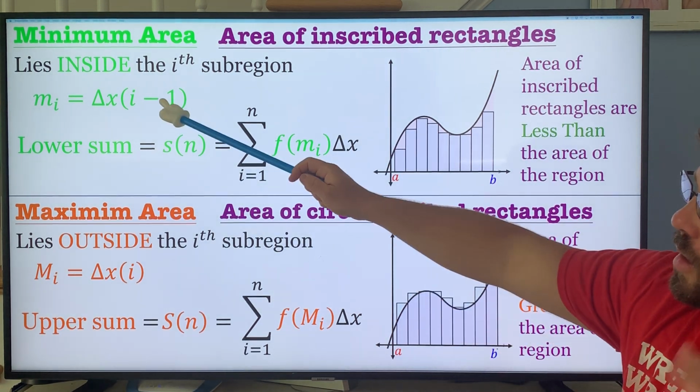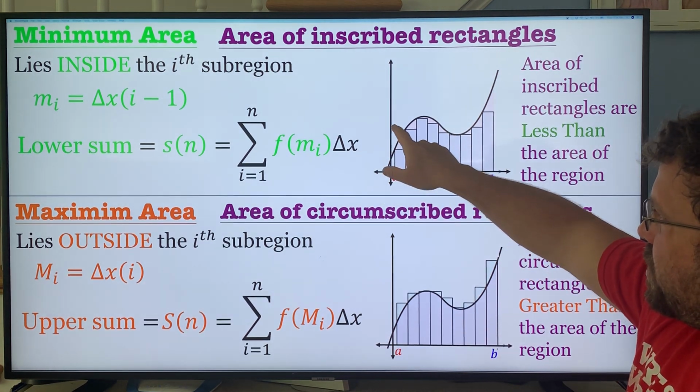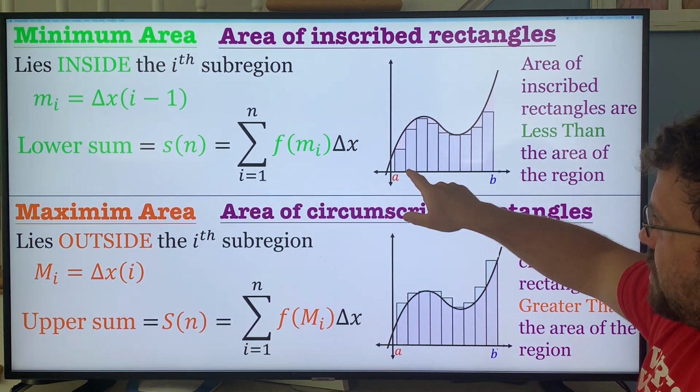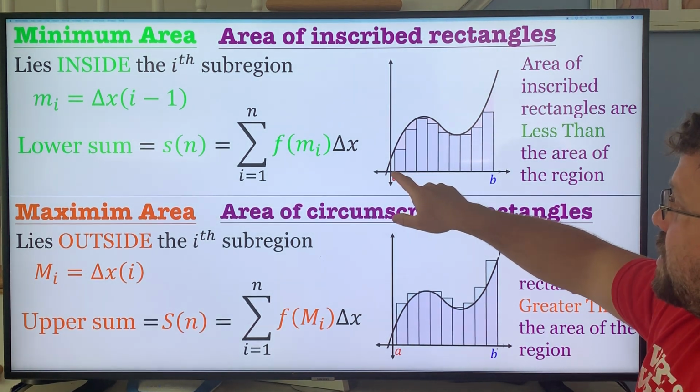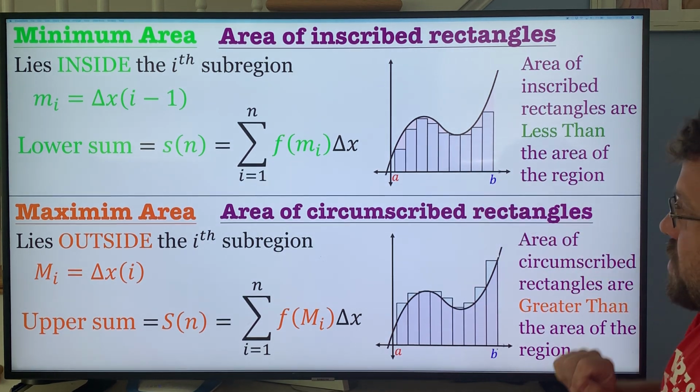Now, m_i is actually whatever delta x is times, ready for this, i minus 1, because you're doing all the left-sided parts of each rectangle.